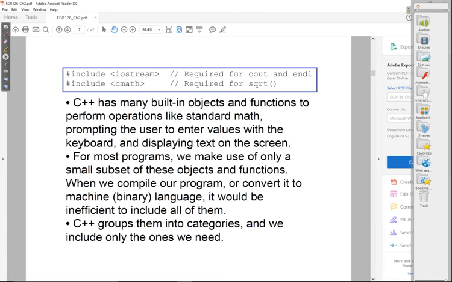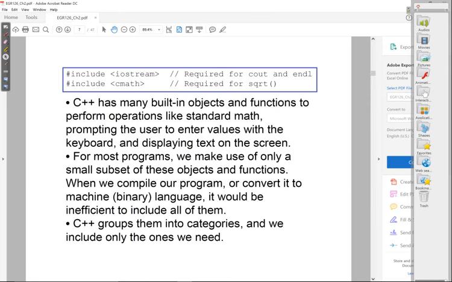So what C++ does is group all those commands into a bunch of different categories, and then you tell the computer which of those categories you want to use in your program. If you don't specify that you want a certain set of commands, it's not put into your program, and you free up resources. It makes your program run a little faster.